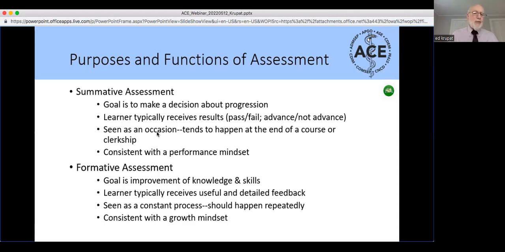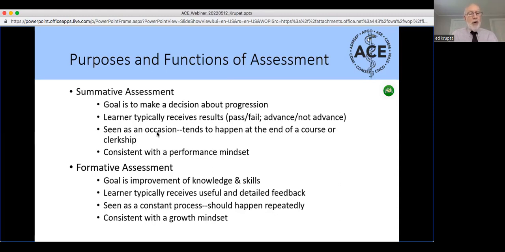Summative assessment is what we all think of, and certainly what your students think of when they think of assessment. It's the test at the end of the course. It's the shelf exam. It's the final exam. It's the licensure exam.